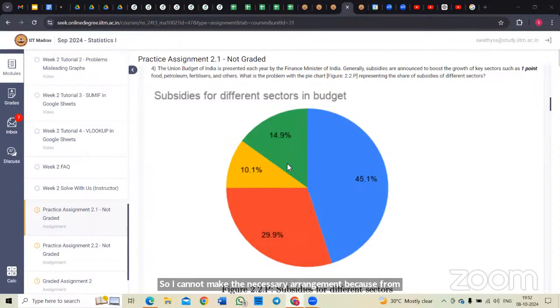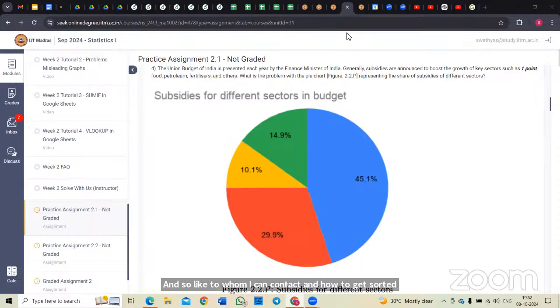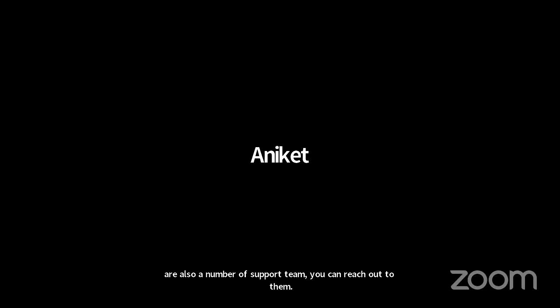To whom can I reach out to get it sorted? I think you should mail the respective person. DS support. There is also a number for the support team. You can reach out to them. Okay, ma'am.